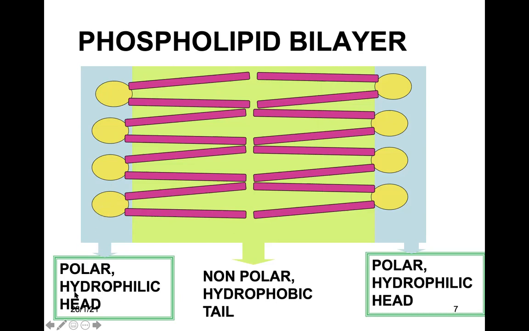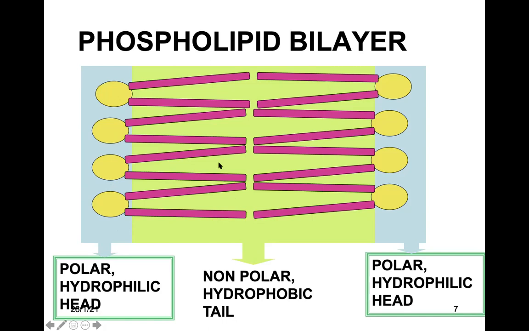Okay, what do polar and hydrophilic mean? I go for hydrophilic first. Hydrophilic means that this head is attracted to water. It can attract water. But the tail is hydrophobic.